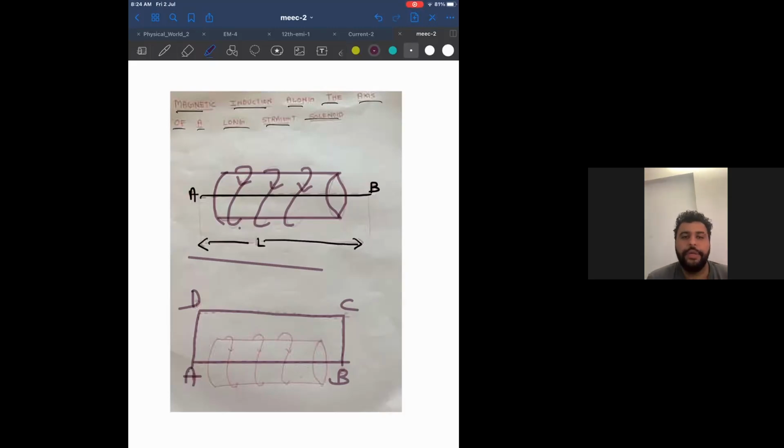Now below that, draw the figure with the rectangle. That is the second diagram. Same as the first diagram, just that you have made a rectangle ABCD.